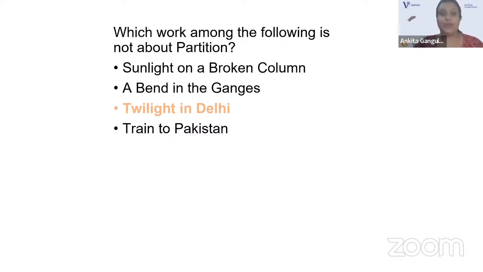Please try to make a list of the works which are about partition, because questions will come from this area. It's a very important area of Indian literature. And be very careful about the writers who have, in at least one of their works, talked about partition. Next question.